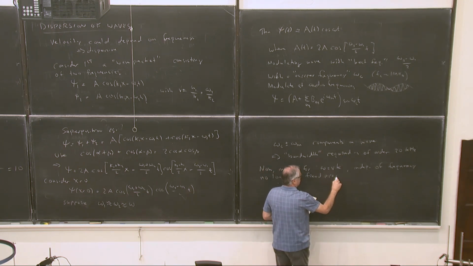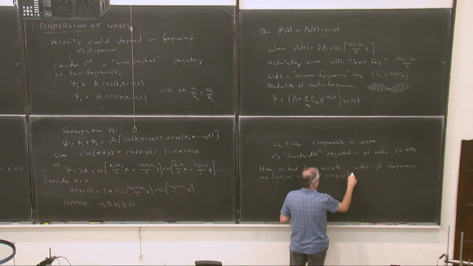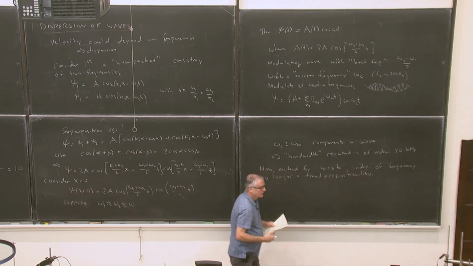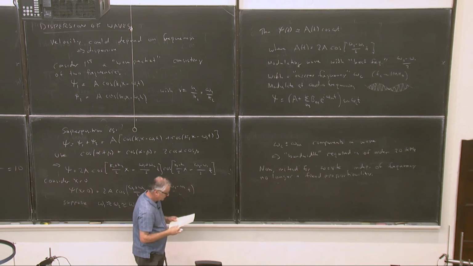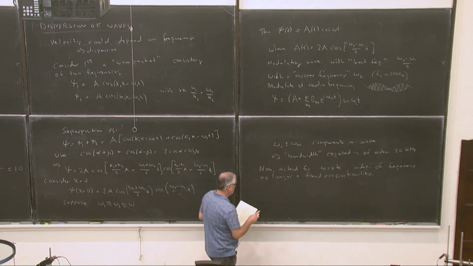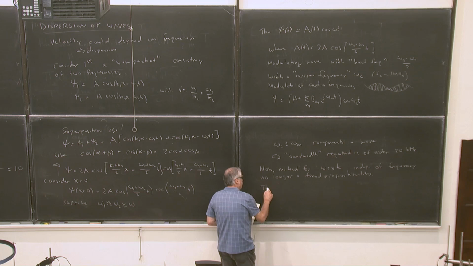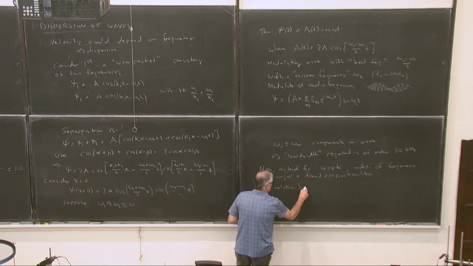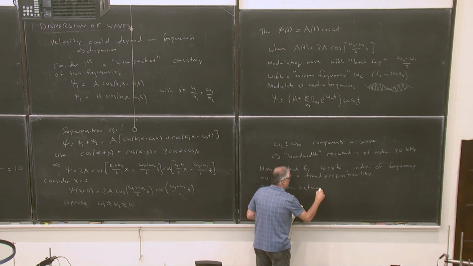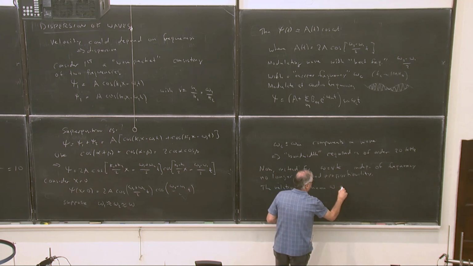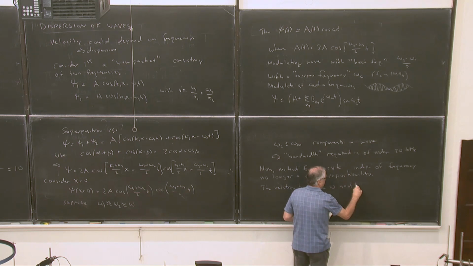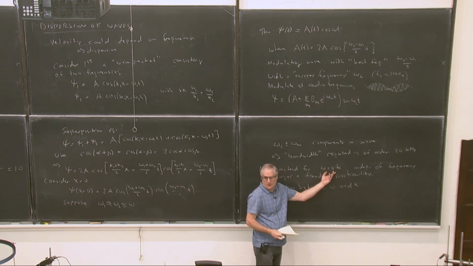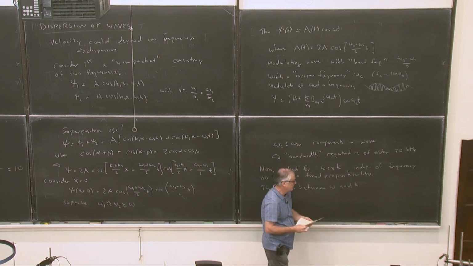So V may be different for different frequencies. And so the relation between omega and K, I mean, here's a relation between omega and K, but there could be other relations that we'll be considering now.